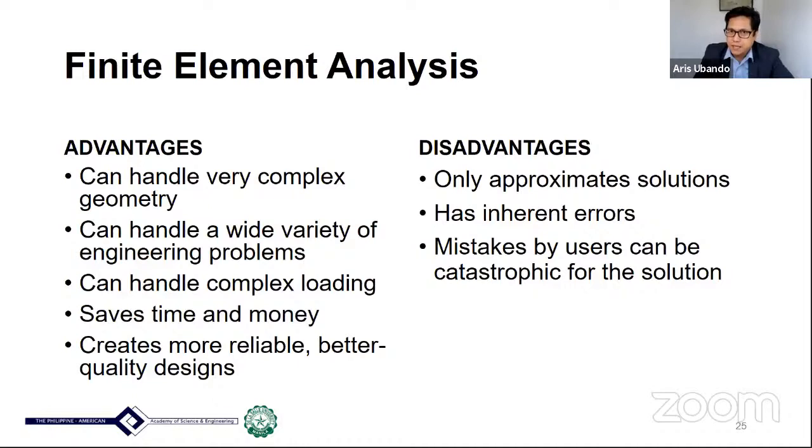That's why we set a convergence threshold for us to have an acceptable error for our solution. And mistakes by users can be catastrophic for the solution, as we say in modeling, garbage in, garbage out. If we input some erroneous data or some of the assumptions are not considered, then the solution might also be erroneous.